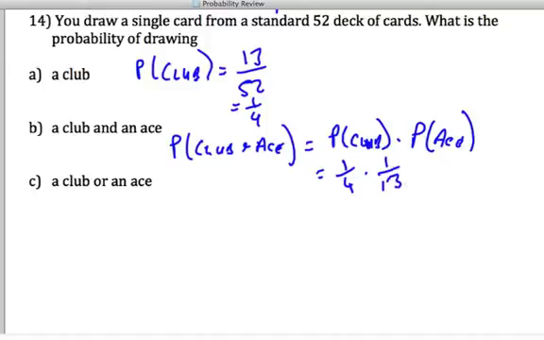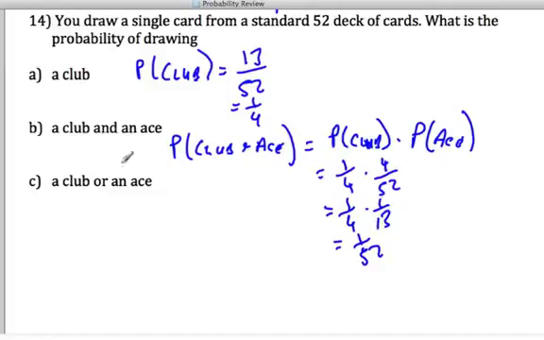I'll show you how I got that number. There are 4 aces out of the 52 cards, so that's 1/4 times 1/13, which is 1/52.